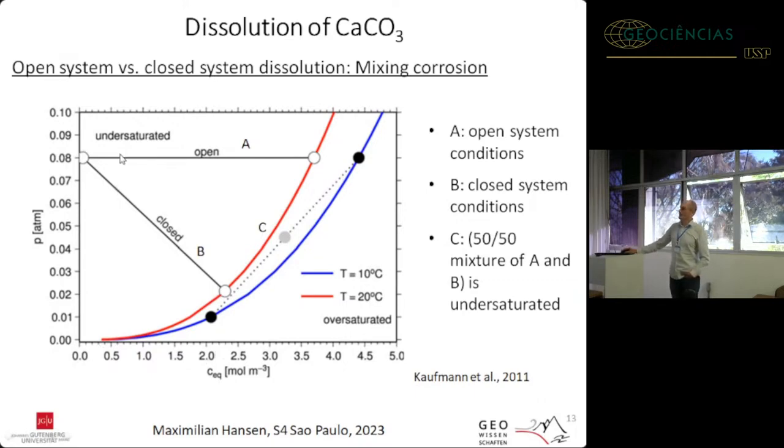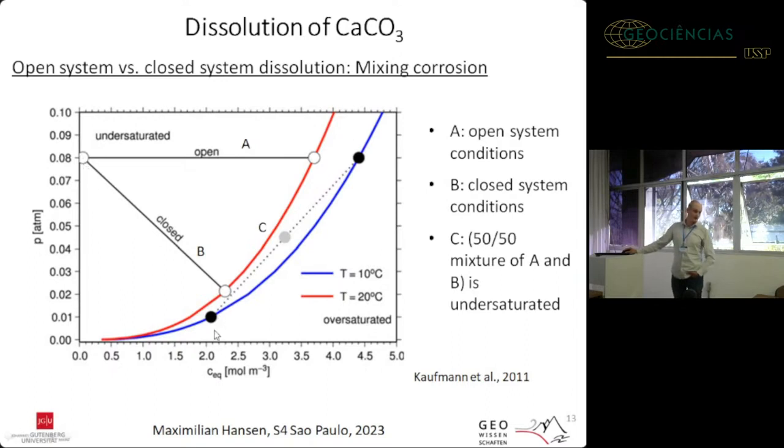Under open system conditions, that would plot along this line, for two different temperatures, 10 and 20 degrees. For 10 degrees, you would end up with a concentration somewhere between 4 and 4.5 moles per cubic meter, whereas the CO2 in the closed system is consumed constantly, and you end up with a much lower concentration.